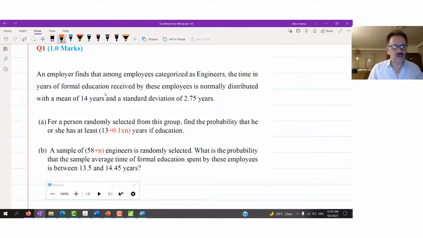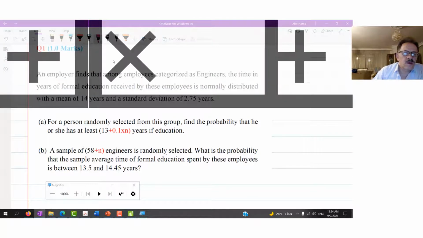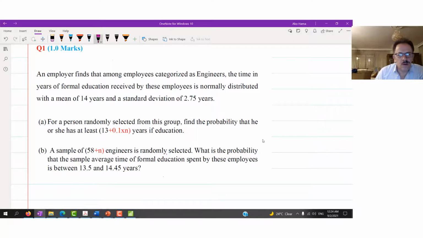So you can see here in this question we have an employer who finds that among employees categorized as engineers, the time in years of formal education received by these employees is normally distributed with a mean of 14 years and a standard deviation of 2.75 years.